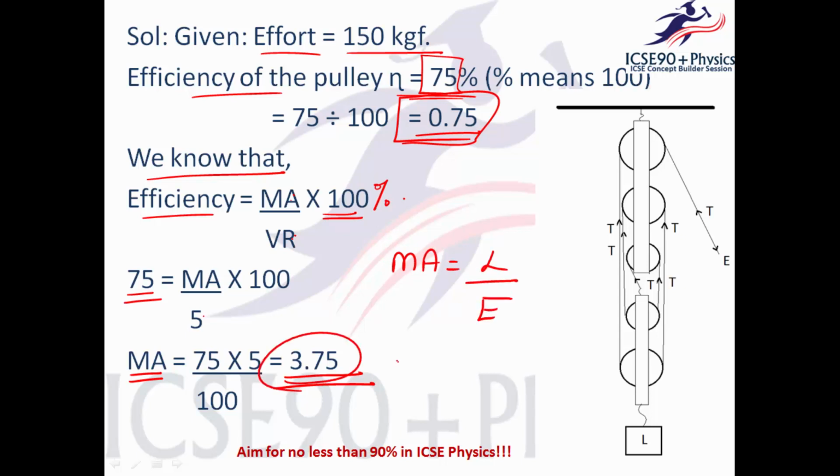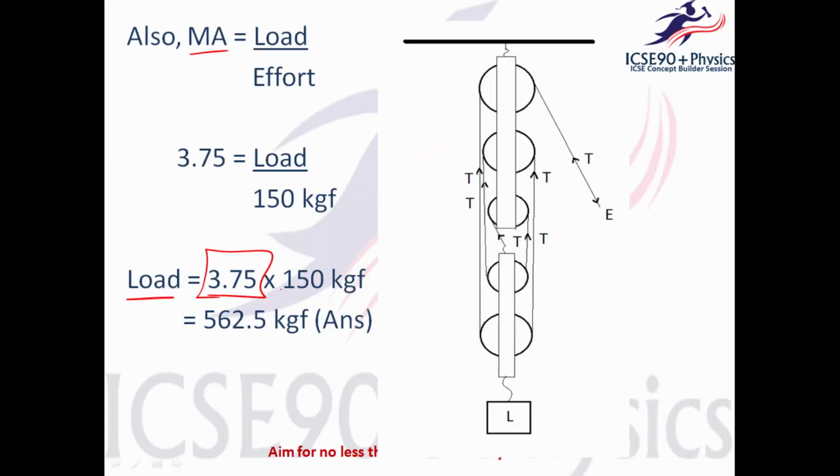So 3.75 would simply equal the load L, which is to be calculated, upon the effort applied, 150 kgf. So the load L becomes 3.75 multiplied by the effort, that is 150 kgf, which is nothing but 562.5 kgf.